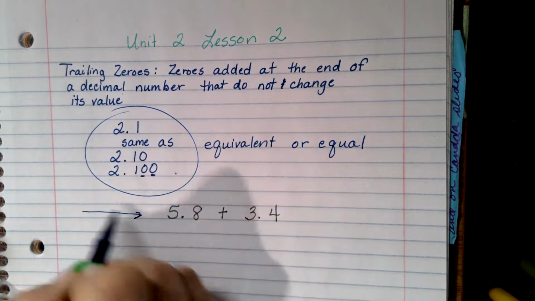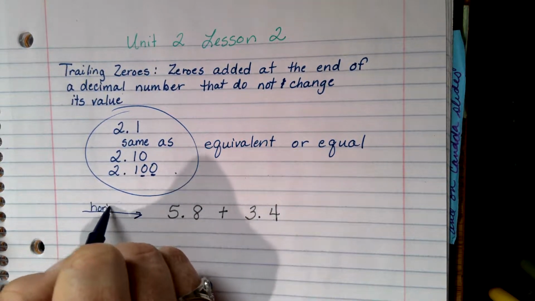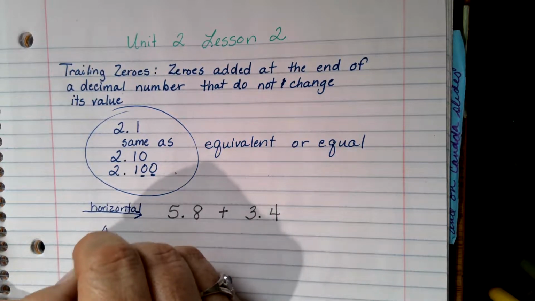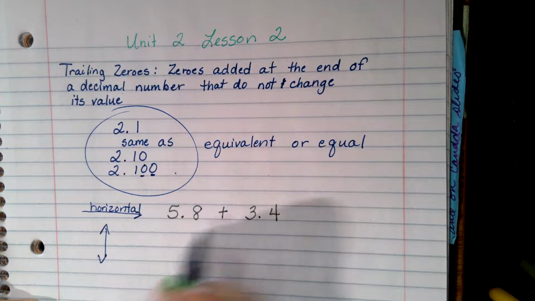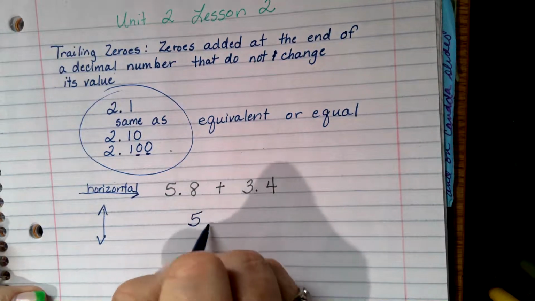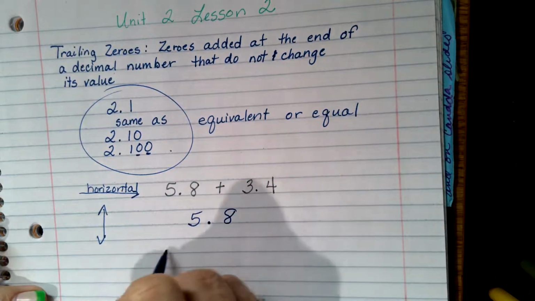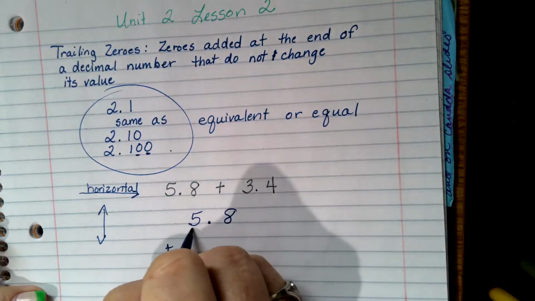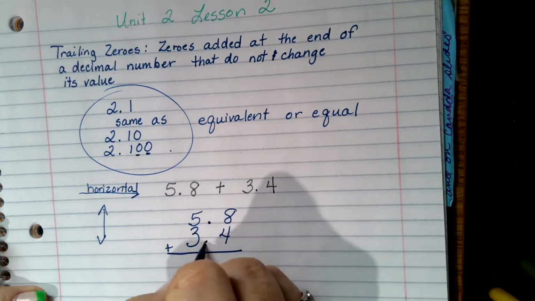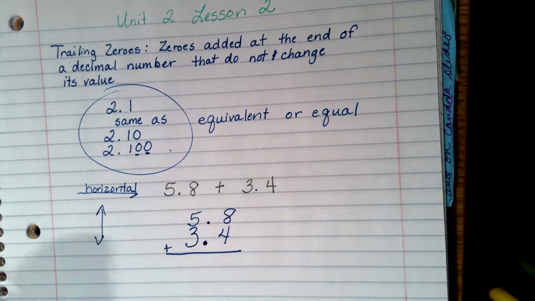This is horizontal. We want our problem to be vertical, which is up and down. So instead of 5.8 plus 3.4 that way, we would do 5 8/10 plus 3 4/10.